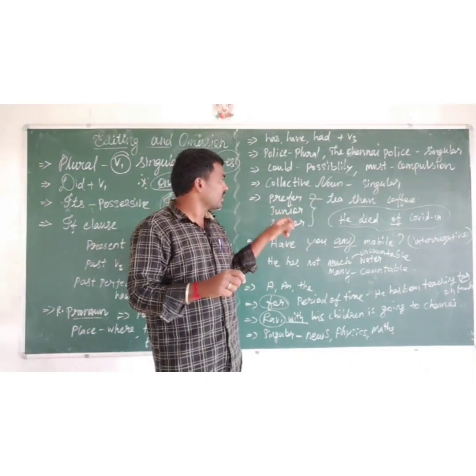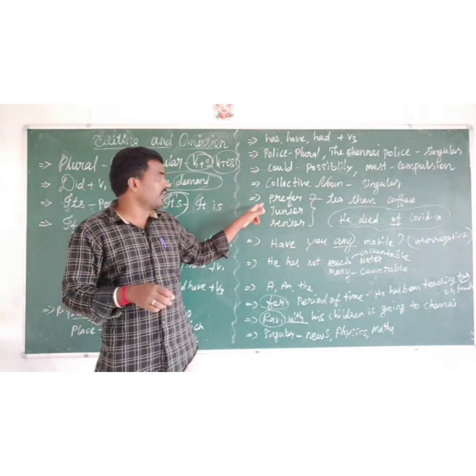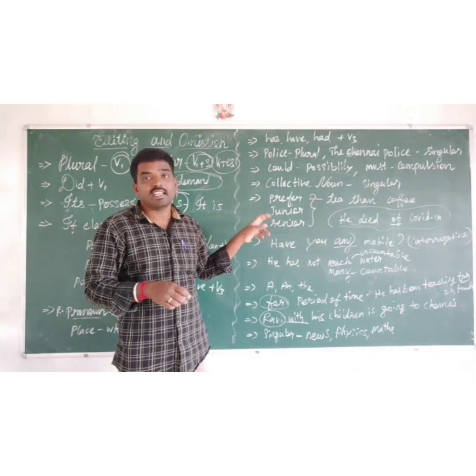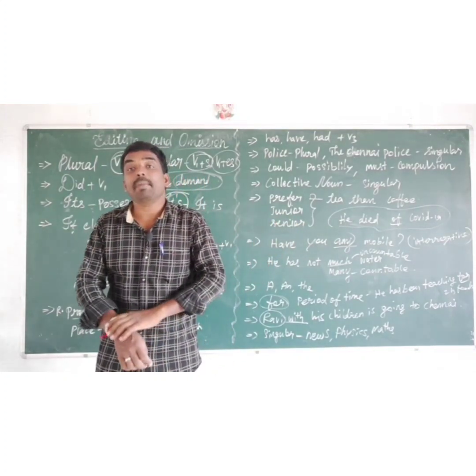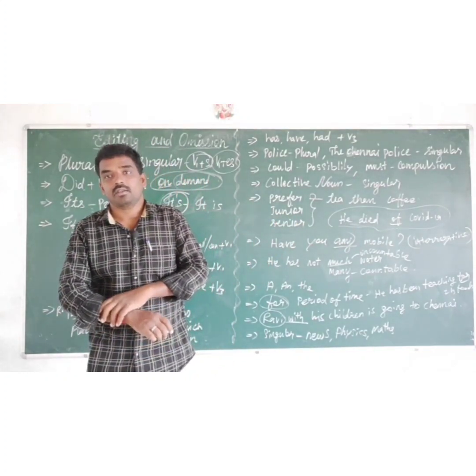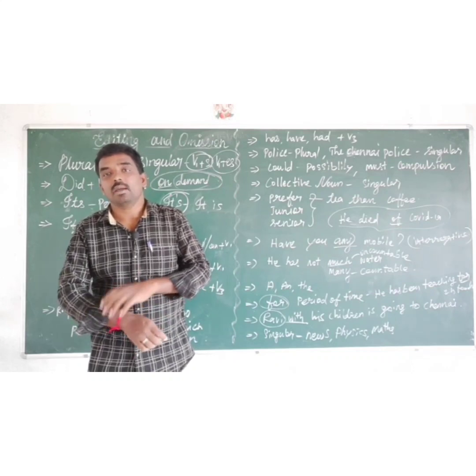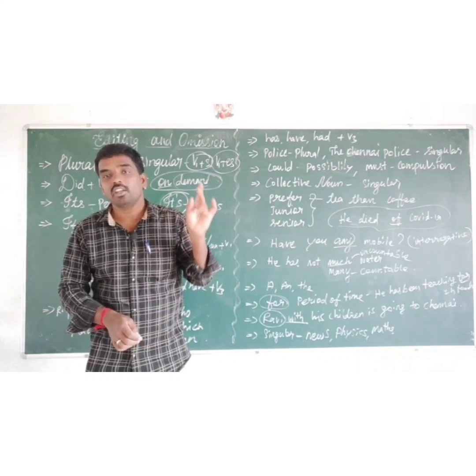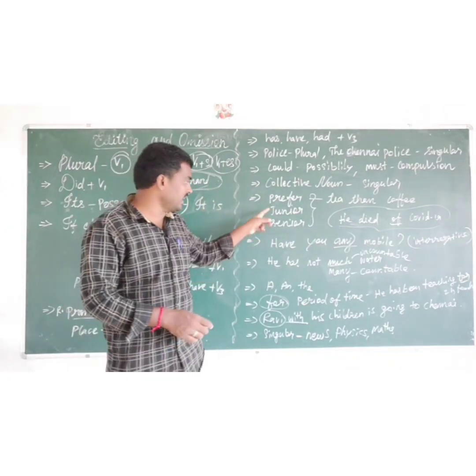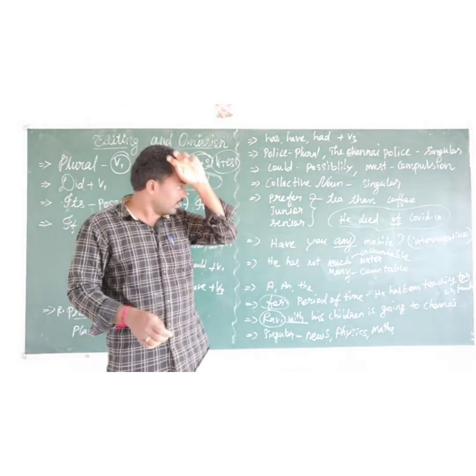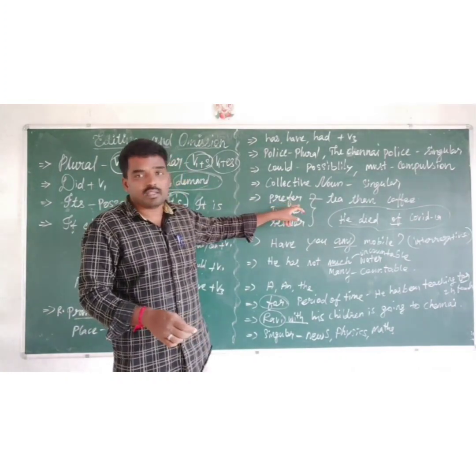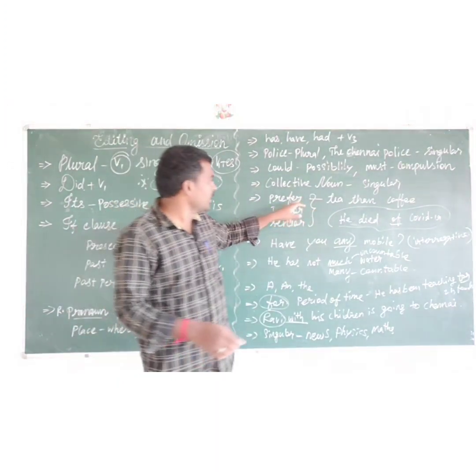Next, the words prefer, junior, senior, for these we want to use the comparative degree. There are three degrees: positive degree, comparative degree, superlative degree. But here we want to use the comparative degree. For example, prefer.